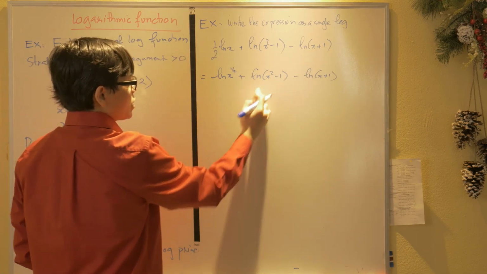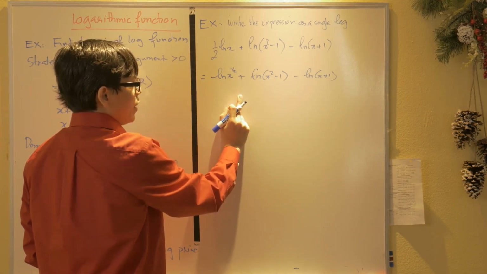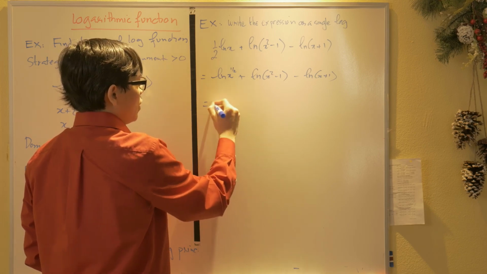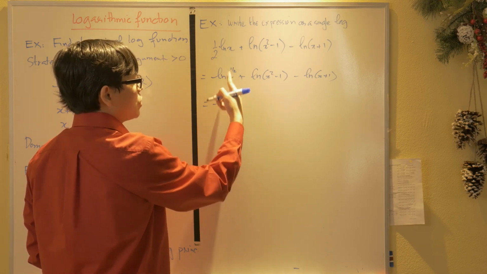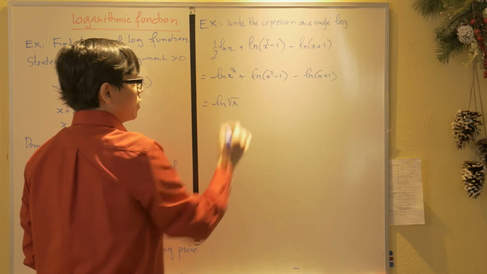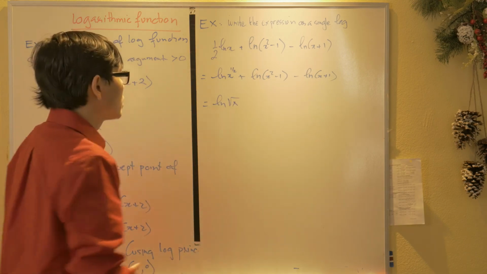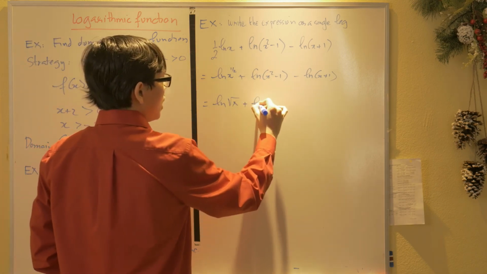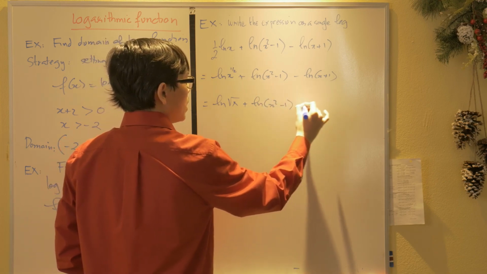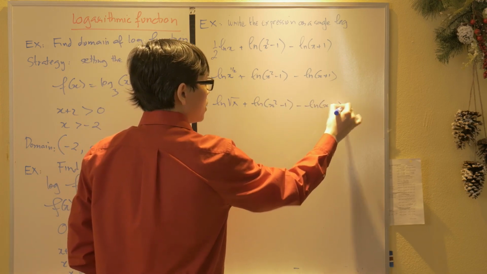Before combining, x to the 1/2 is the square root of x.